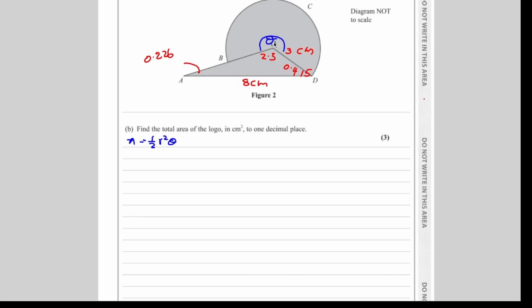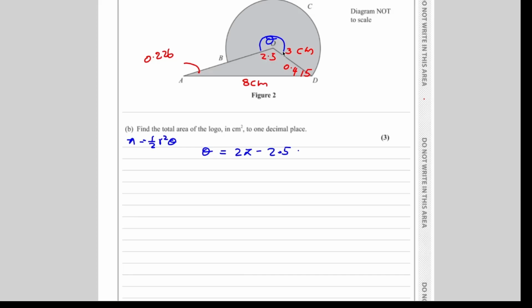This is your theta. Then I can write theta equals 2 pi minus 2.5. Why? Because this whole angle adds up to 360. This is a circle, so the circle is 360. In radians, it is 2 pi.